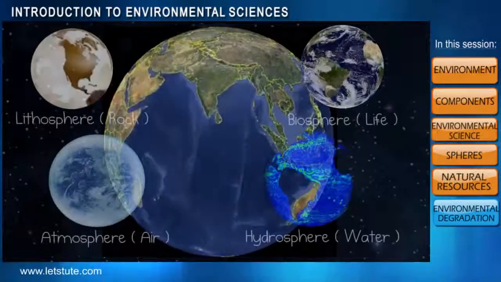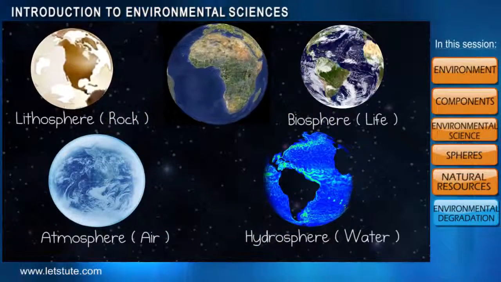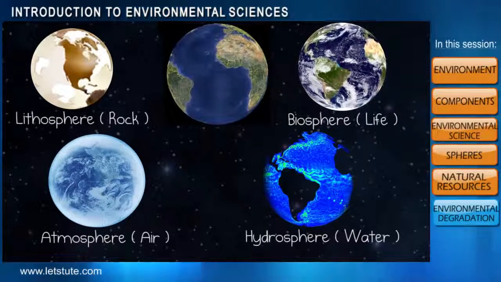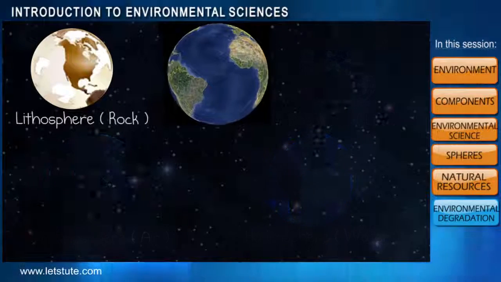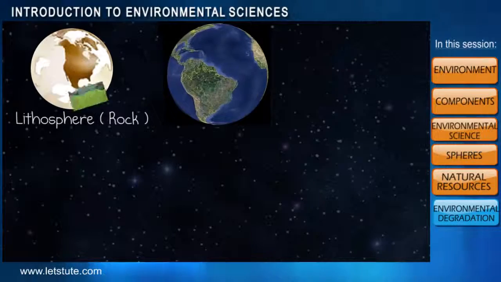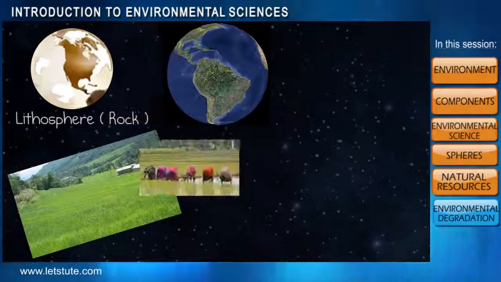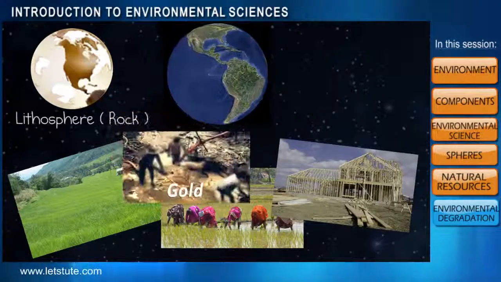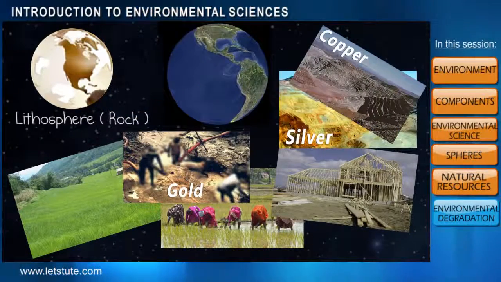And from these four spheres, man gets all useful things that satisfy many of his day-to-day requirements. The lithosphere, which is a land component, is useful to man for carrying out agricultural activities and constructing houses. We also get many useful minerals from the soil.